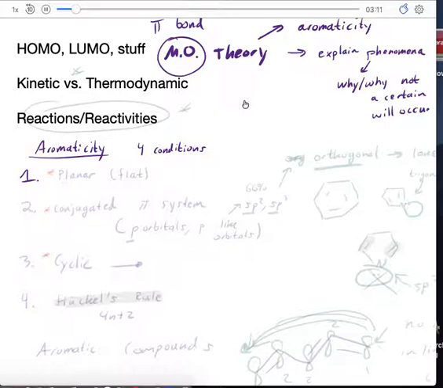So an aromatic compound is, one, planar, completely flat, even if it's a long species. Two, it has to be a conjugated pi system.